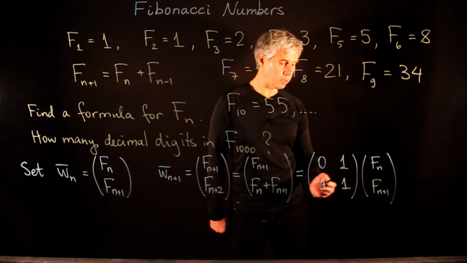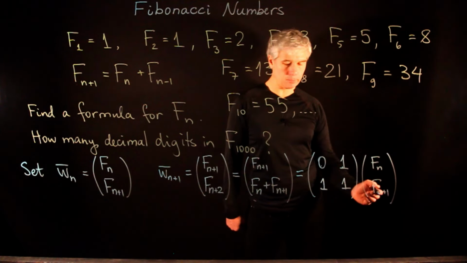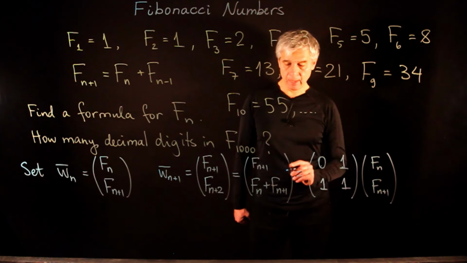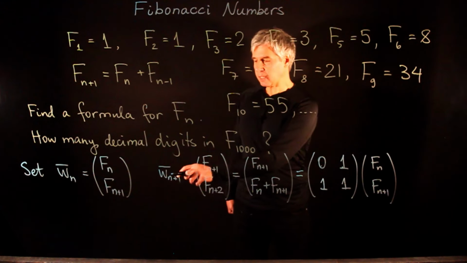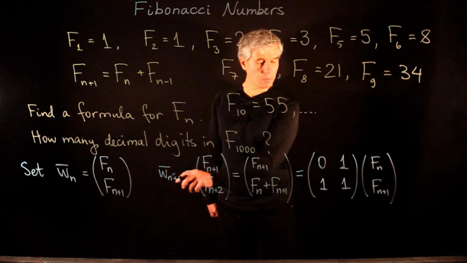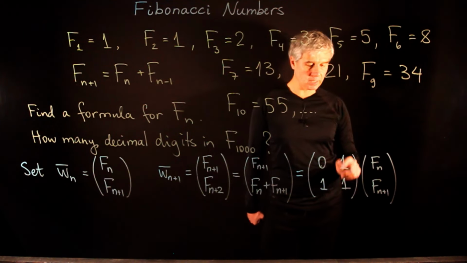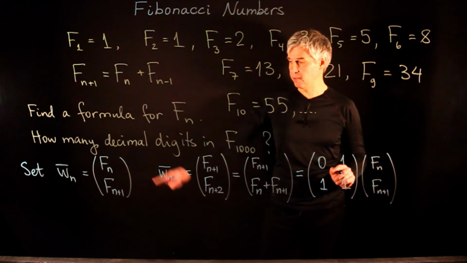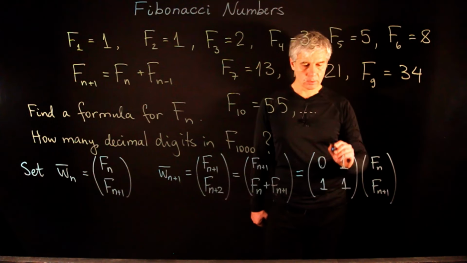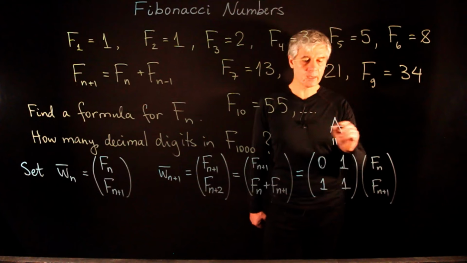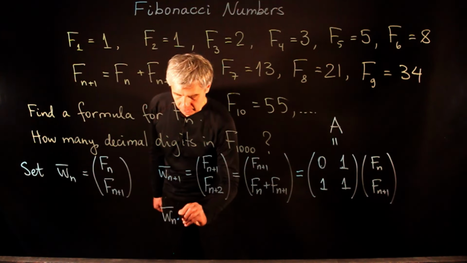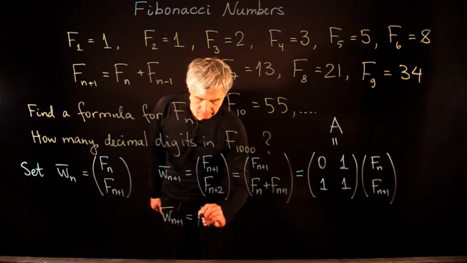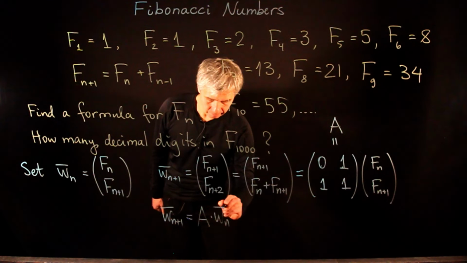So then the dot product of 1, 1 with the column will be precisely this sum. And so what we see is that the next vector in this sequence is the product of this matrix with the previous vector in the sequence. So if we call this matrix A, then our relation is Wn plus 1 is A times Wn.